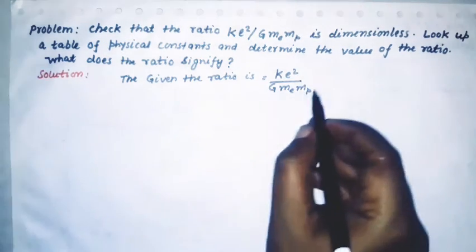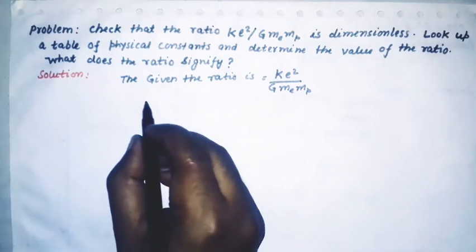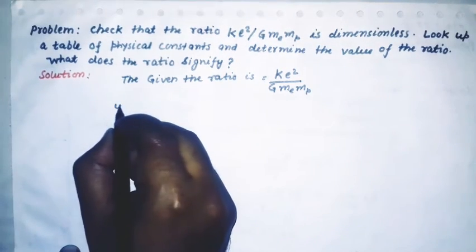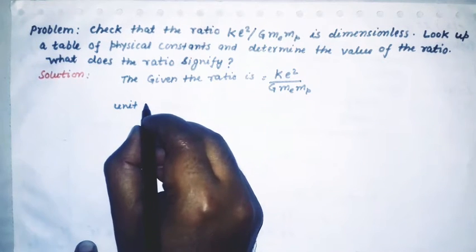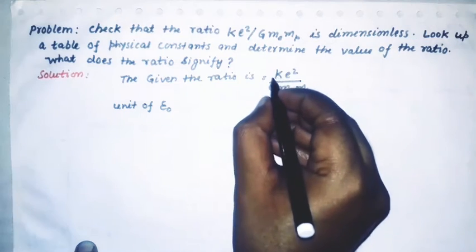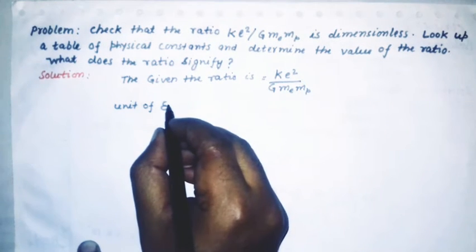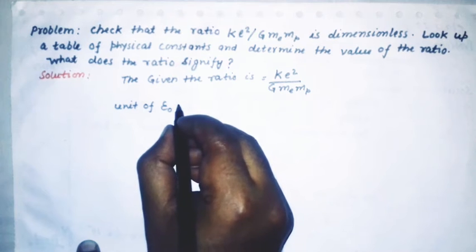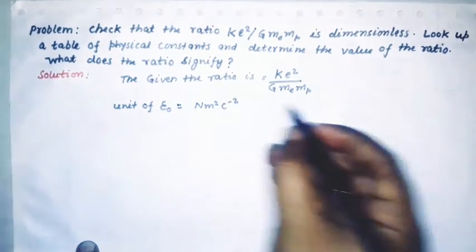So first we note down the units of all the quantities given. The unit of epsilon naught: actually K involves epsilon naught, and only epsilon naught has some unit. This is equal to Newton meter square per coulomb square.